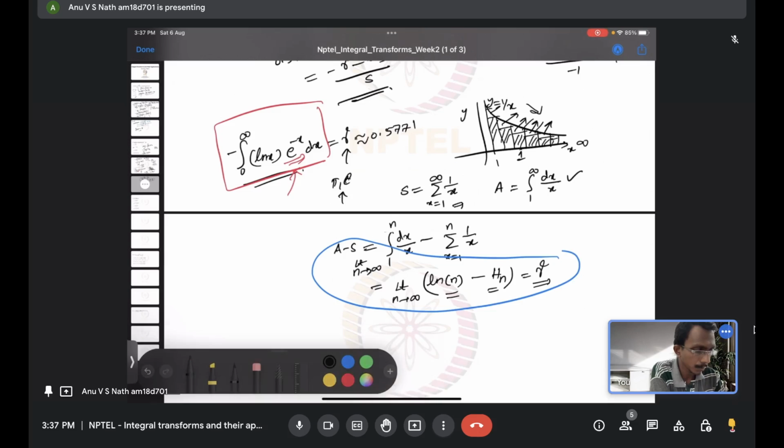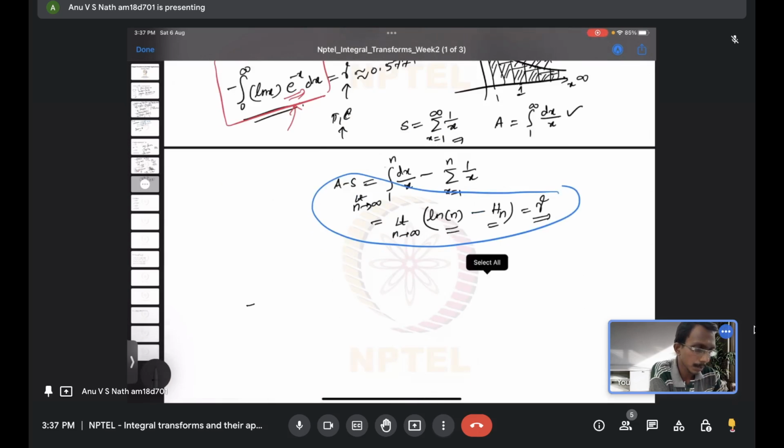You can numerically evaluate the integral from 0 to n of ln x e raised to minus x dx. Call it I of n. In the limit of n tending to infinity, I of n approaches gamma.